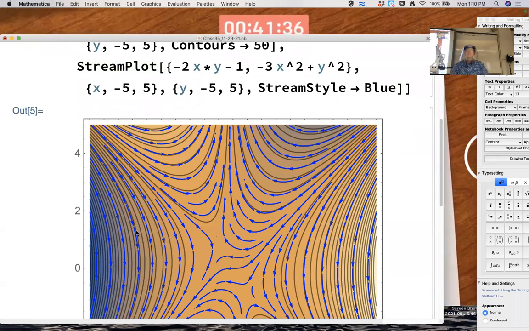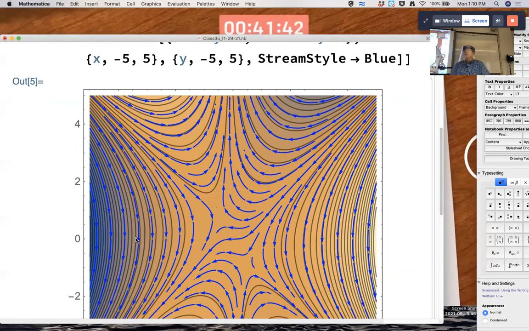And what this means is, it gives us another way to draw the phase portrait. We can get the technology to draw the level curves for us, and then we've got the solutions. Now, of course, I could always just resort to the technology and just do a stream plot without knowing about the level curves.